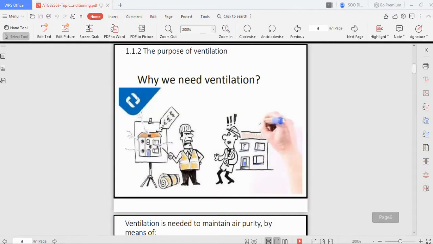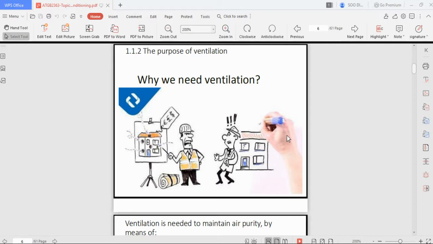Okay, so why do we want ventilation? During the time when technology was not so advanced, we did not have air conditioning. That's why we wanted ventilation. Previously, the way to replace the air was through natural ventilation or a mechanical system.